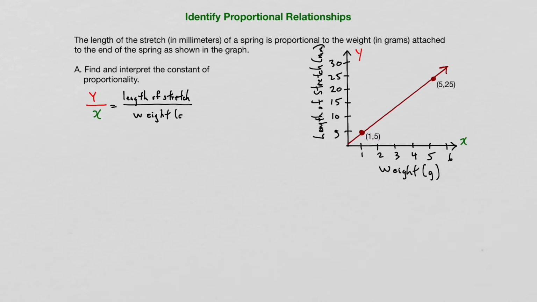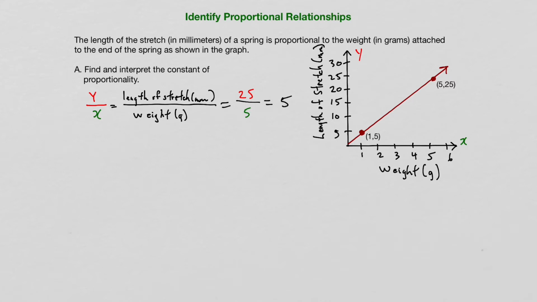Okay, weights in grams, stretches in millimeters. And if we plug in the numbers, we get 25. Okay, this is the y value of that coordinate, divided by 5. And if we divide 5 into 25, we get a constant of 5.